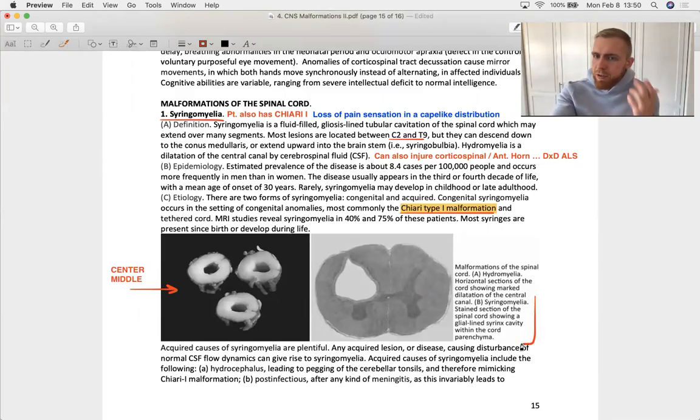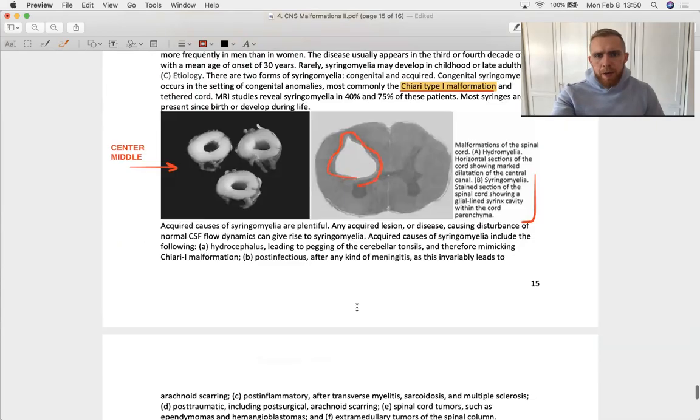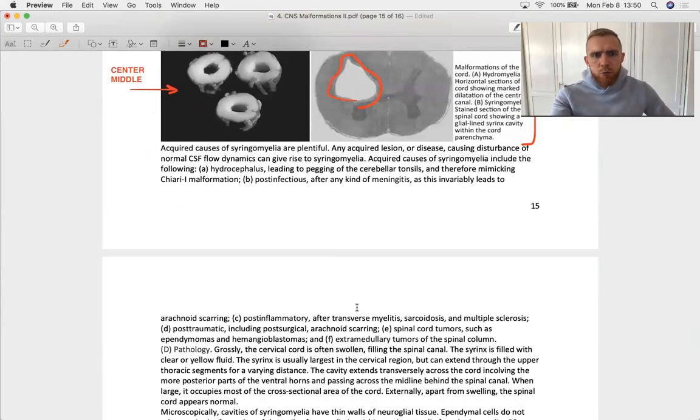Syringomyelia tends to be the central canal, but it's not exclusively the central canal. So if you see a little cystic dilation off to the side, if it's off center, then you're going to call it a Syringomyelia, indubitably. So that's the last big differential I have between the two.